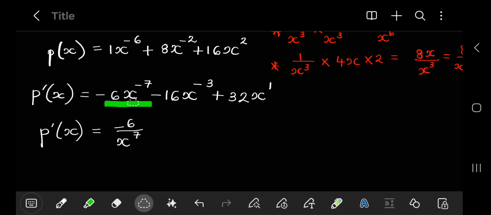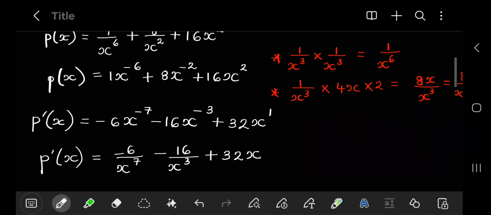In the next term, in the numerator, we're going to have negative 16, and in the denominator, x to the power positive 3. So notice how the coefficient remains in the numerator, but only the variable moves to the denominator. And now your last term is fine because that exponent is positive, so that will remain as 32x. You don't need to show the 1 as the exponent.